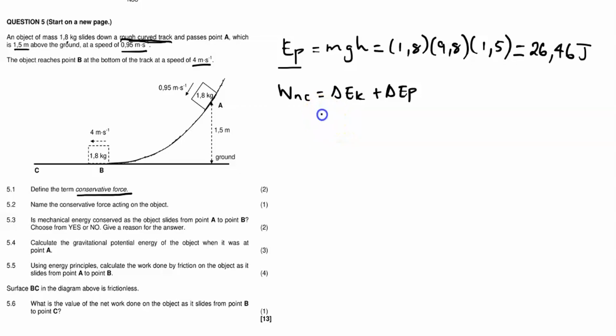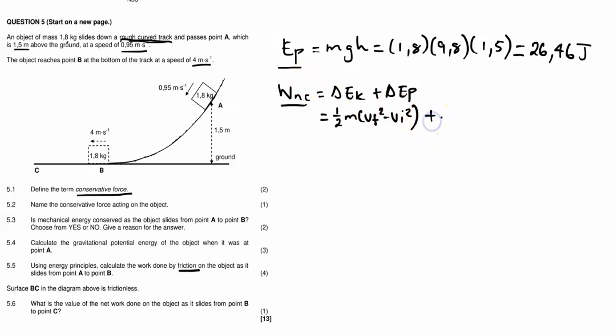The change in EK is going to be half m into Vf squared minus Vi squared. Remember, they want the work done by friction, which is the work done by the non-conservative force, because that is the only non-conservative force that we've got.